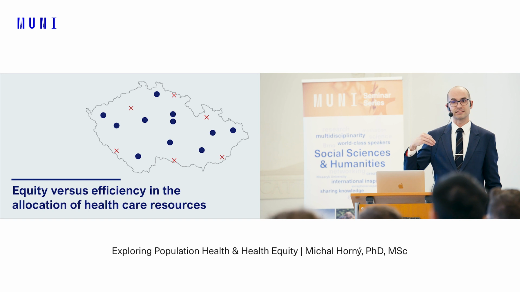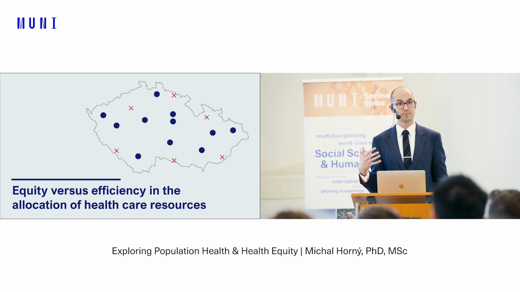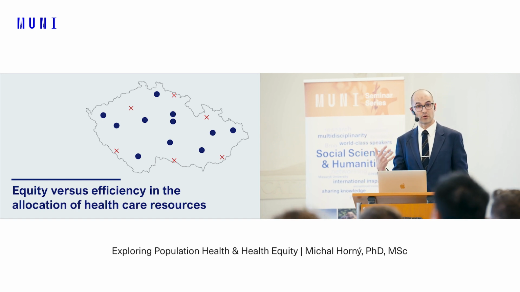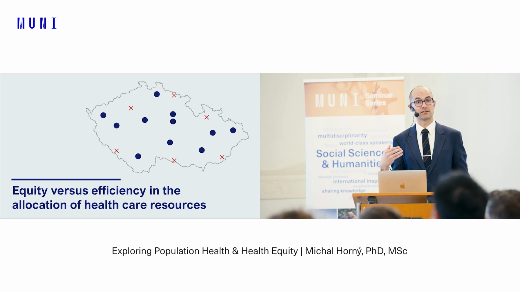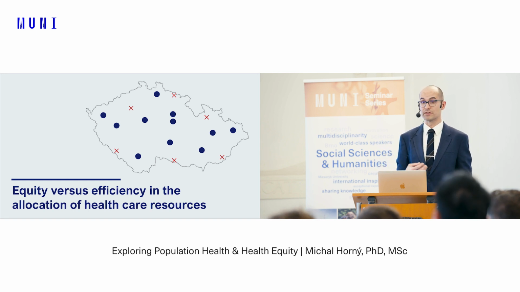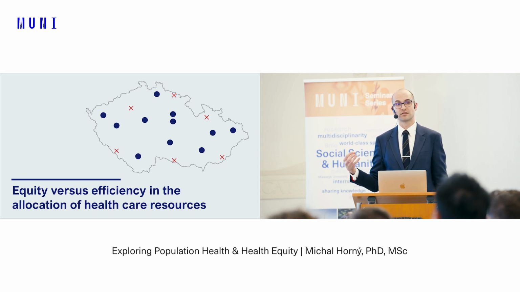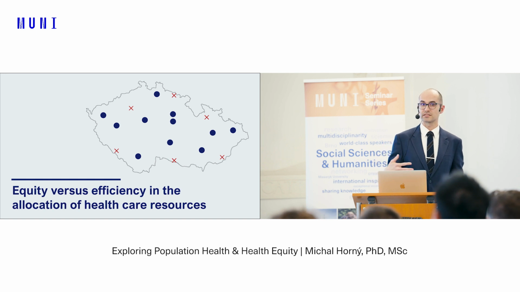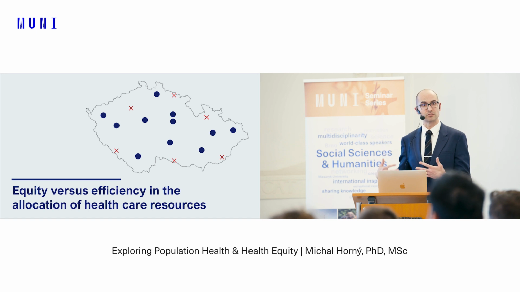The Czech Republic has the highest density of hospitals in Europe, or one of the highest, which is great on one hand. Access to care is fairly easy, especially for individuals who live in rural areas, but that comes at a cost of efficiency. It's more expensive to run a hospital that doesn't have the volume of patients, because the staff still has to be there, even if the patients are not.